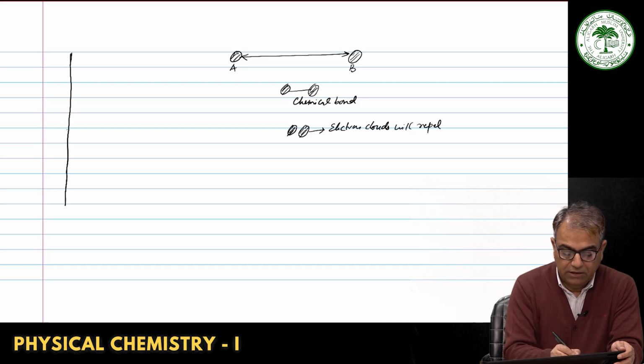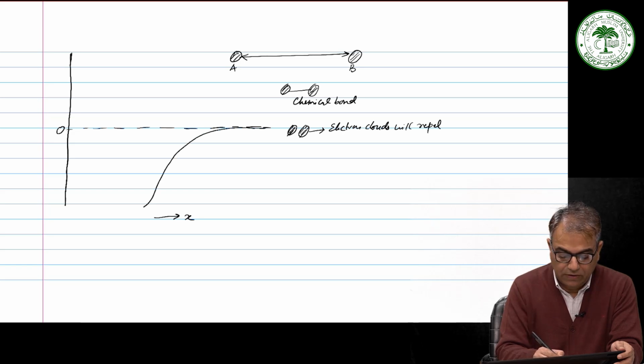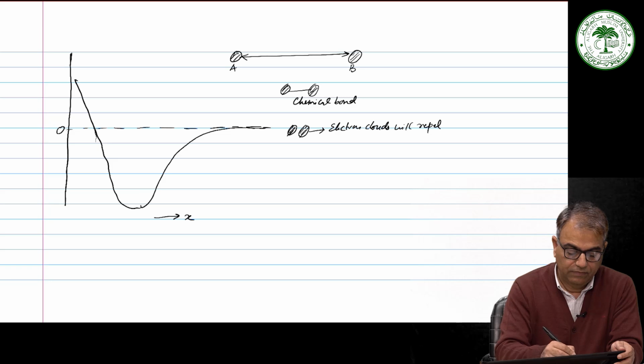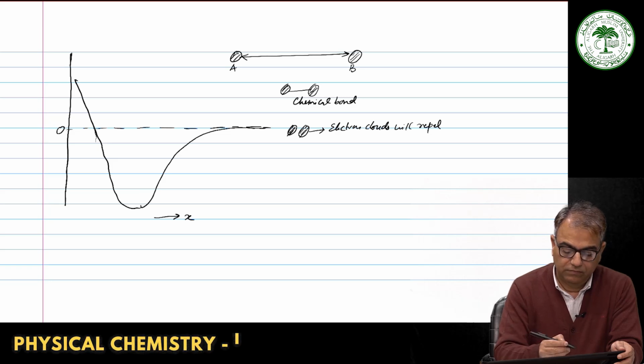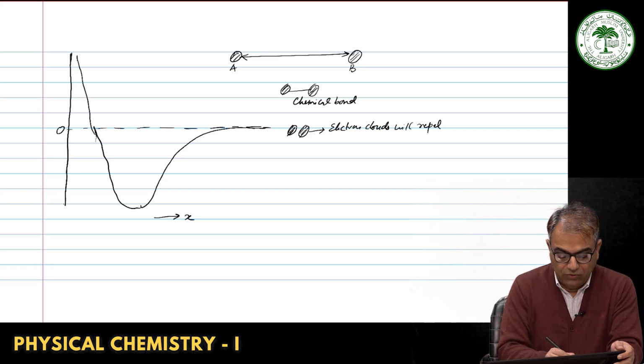So if you draw the change in the potential energy, initially when they are not interacting, the potential energy will be 0 at some distance x. But gradually when they come close together, the potential energy decreases, and again when you bring them even closer, the potential energy rises. You must have done this earlier also.